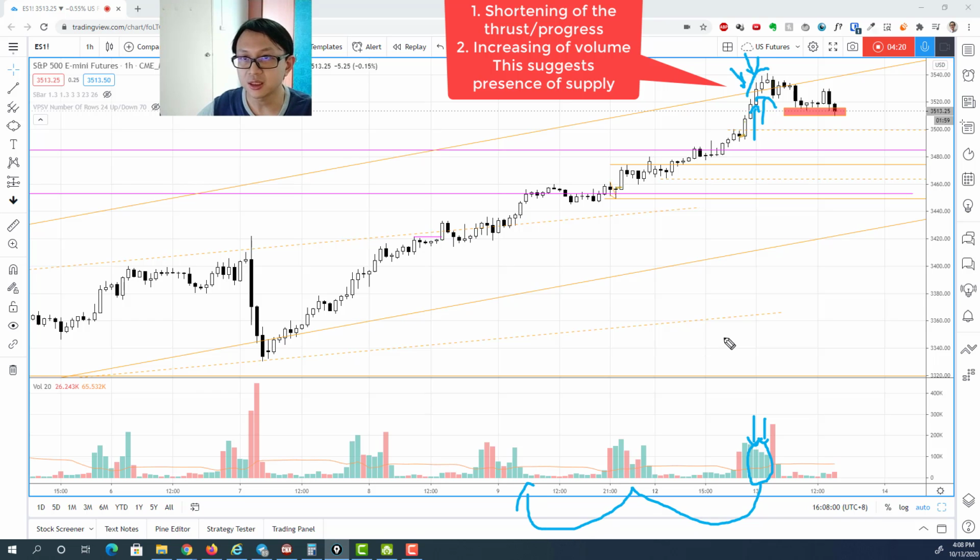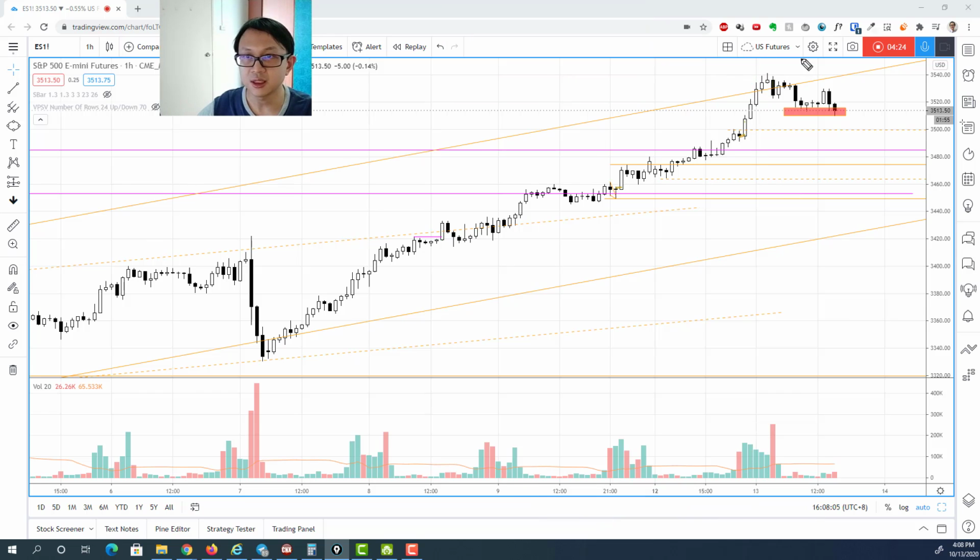So definitely there is presence of supply, but it did not really show up aggressively, and I think we only see this last-hour profit-taking bar, together with the spike of the supply as well, and eventually it just hit a bit of profit taking after the acceleration to the upside.